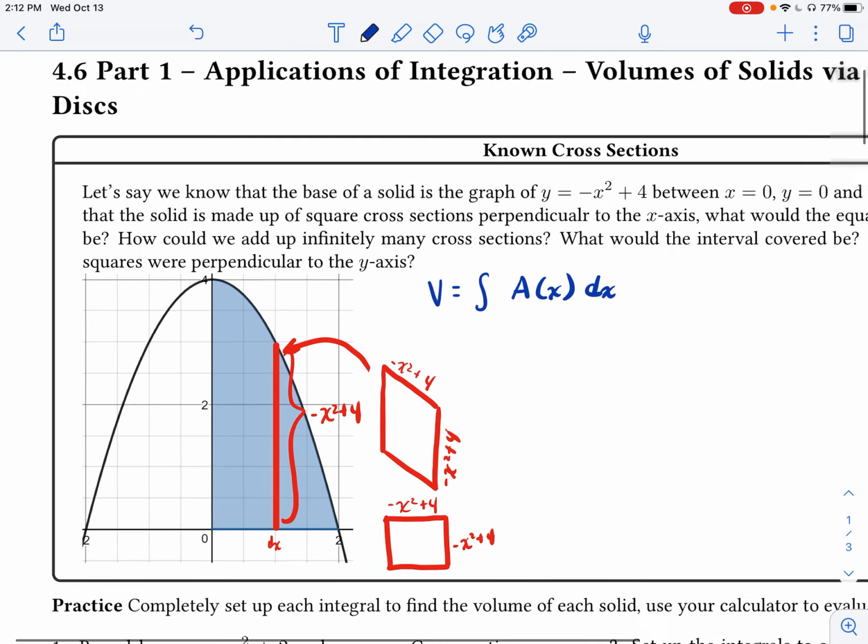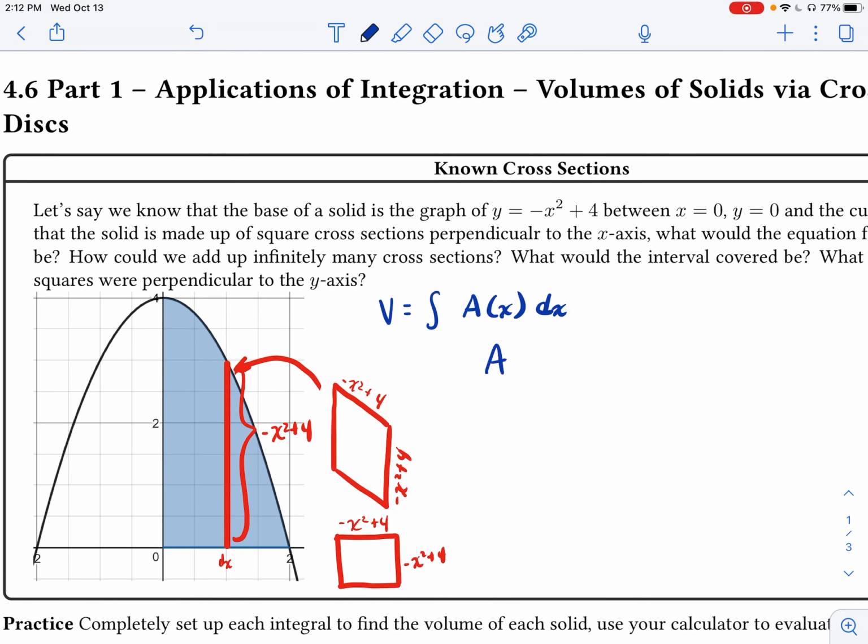Let me zoom out here, where A(x) is a function of x. It gives us the area of each cross section. And in order to get an exact value, we need to put in our bounds. In our particular case, we want to integrate from a to b. This would be a, where we start integrating towards b.